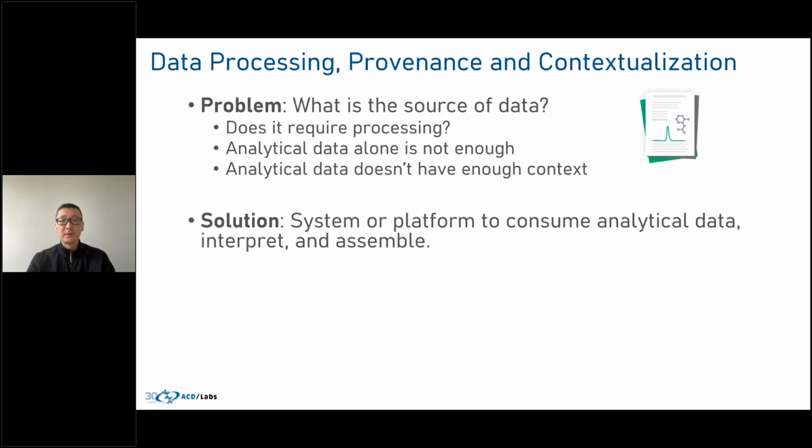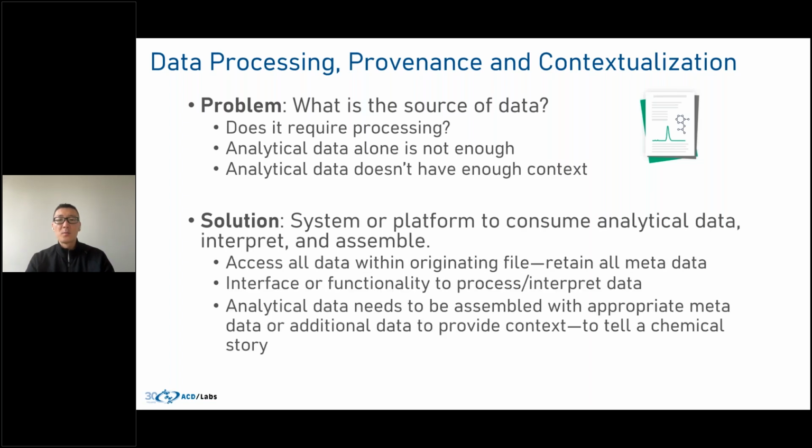So the automation service should be able to consume, interpret, and assemble that data together, right? It should be able to retain all of the metadata from the original data file, provide functionality for processing and interpretation, but also be able to pull together metadata from other sources, possibly assemble multiple data sets together to tell that chemical study story, right?